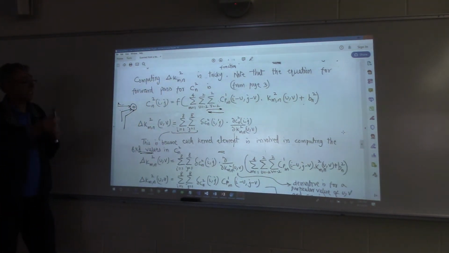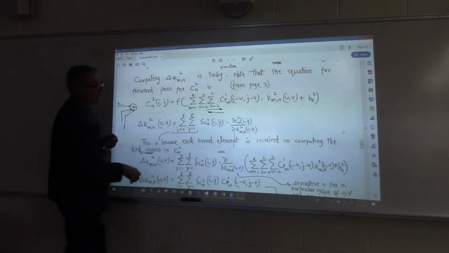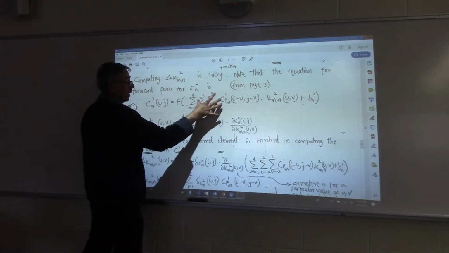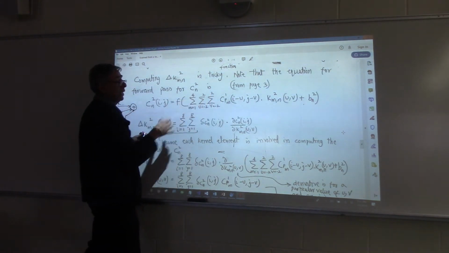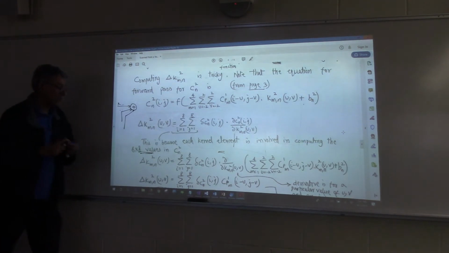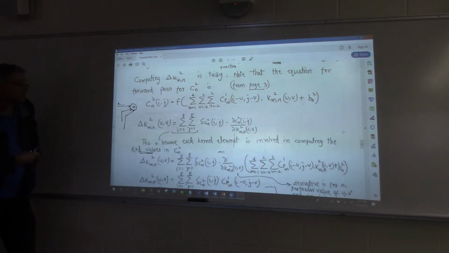The top one, the second one, and so on. This is the same equation that we had put in the forward pass, so I simply repeated that, from page 3.